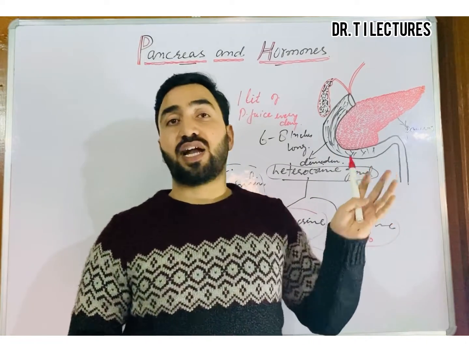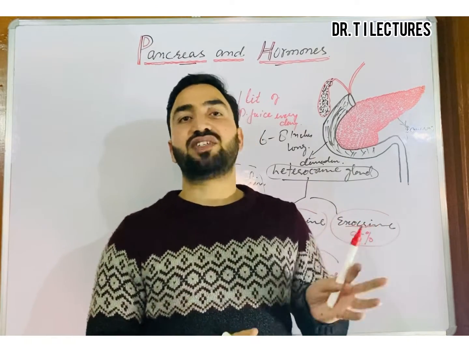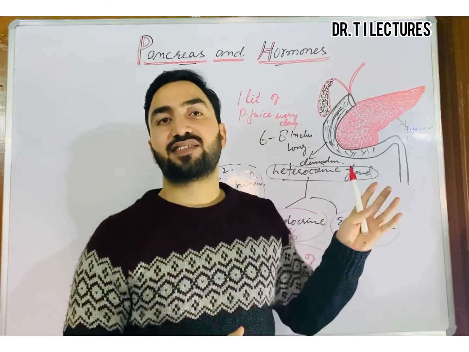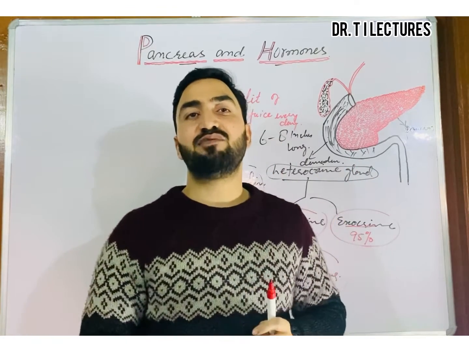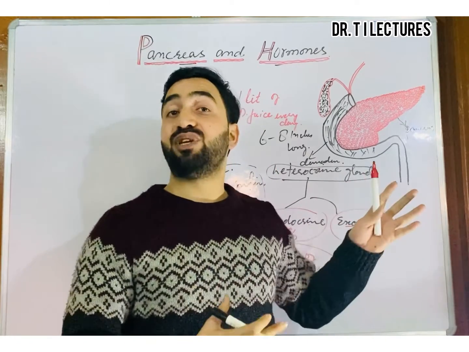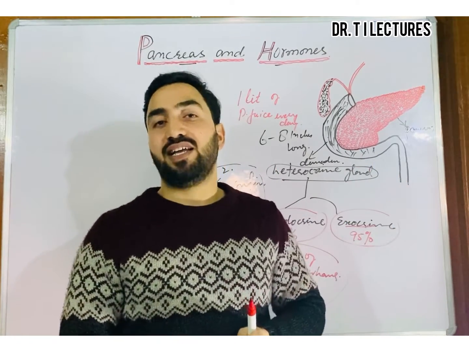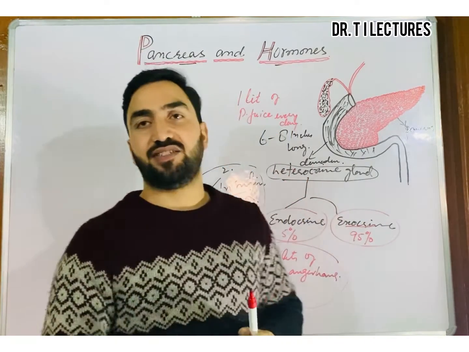The exocrine tissue secretes a clear watery alkaline juice that contains different kinds of enzymes, and these enzymes help in breaking down food material into small molecules that can be easily absorbed by the absorptive cells of the intestine, which we call enterocytes.